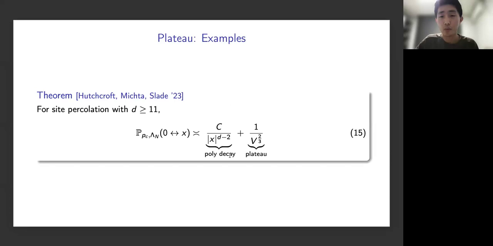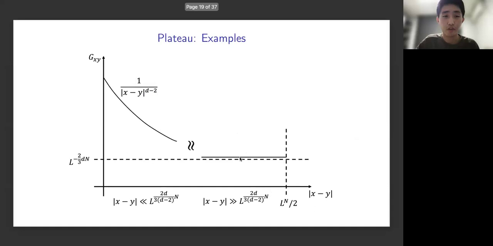One is a polynomially decaying term, and the other is the constant term, which we can interpret as the plateau term. If you plot a graph of this correlation function, it has two regions. When the distance x minus y is sufficiently smaller than this number, L to the 2d over 3d minus 2n, it shows a polynomial decay.